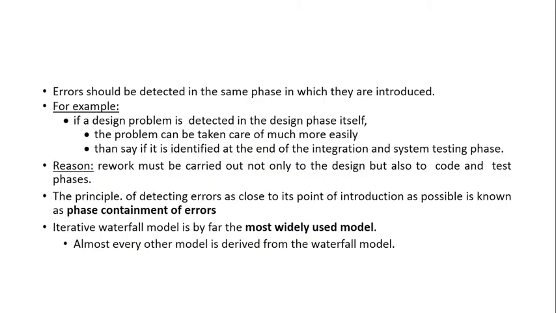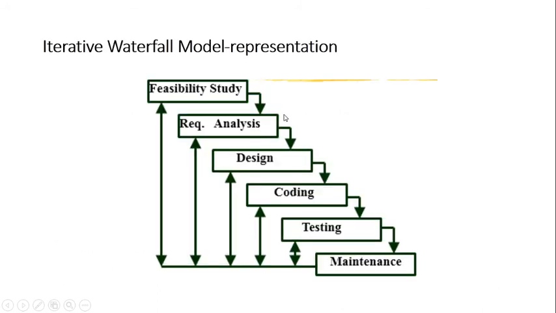Now, errors should be detected in the same phase in which they are introduced. Why are we saying this? Say the point of introduction was the requirement phase, right? Then you must identify the error in this phase itself. Why? Because if it gets propagated to the later phases, it becomes difficult to correct the errors.